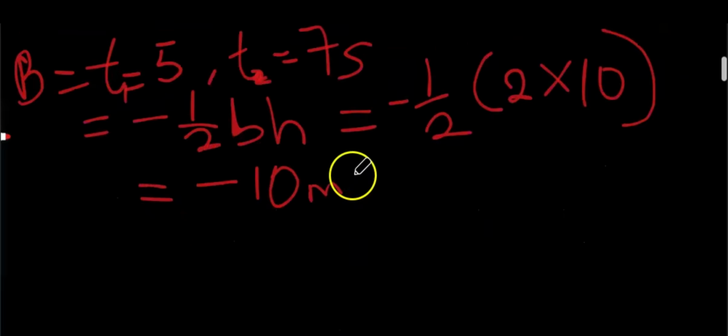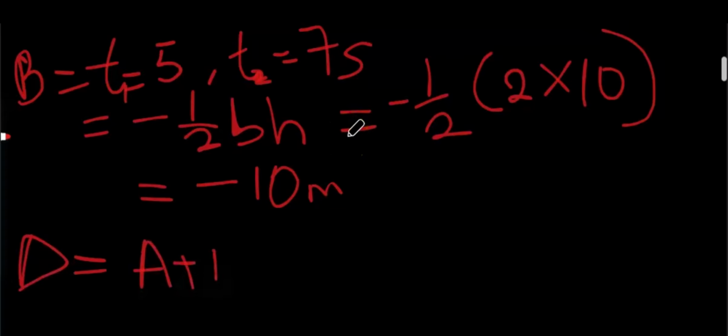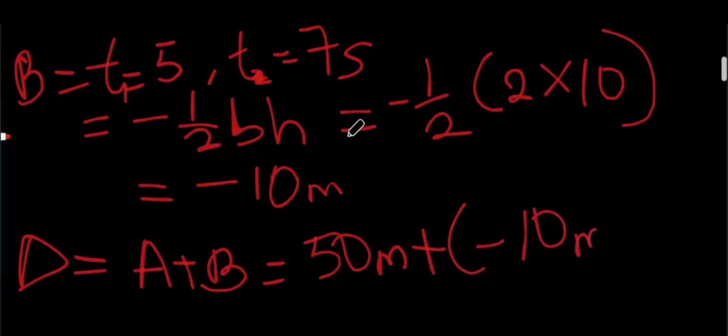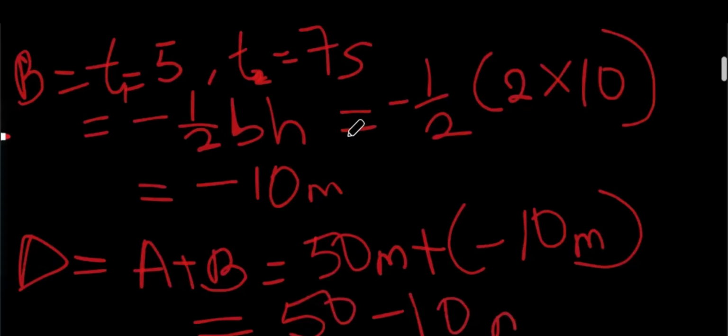Now, to find the total displacement, D will be equal to A plus B, that is 50 meters plus negative 10 meters, which is equal to 40 meters.